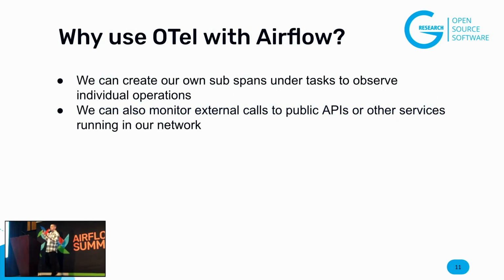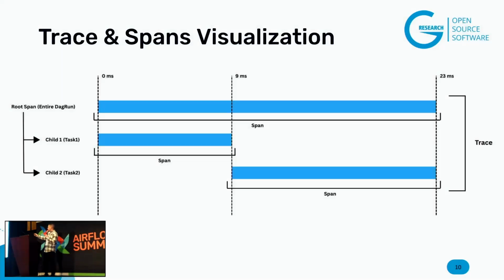Now, why do we want to use OpenTelemetry? The data that I showed earlier, if we enable OpenTelemetry in the Airflow config, this is what we get. But this is the basic data, and this is exactly what we get from the web server UI. We already know from the web server UI how long the DAG took and how long its tasks took.